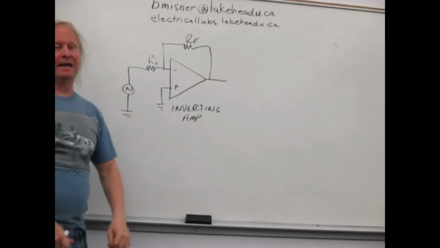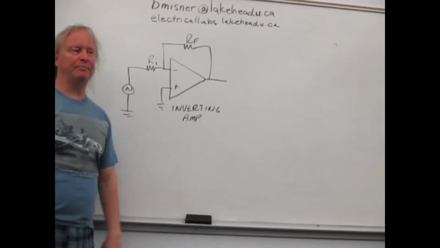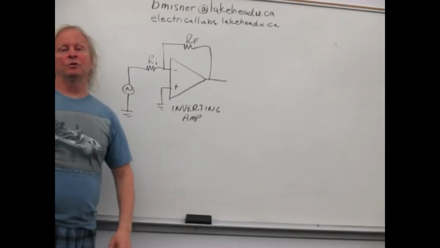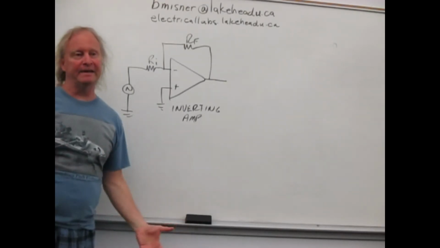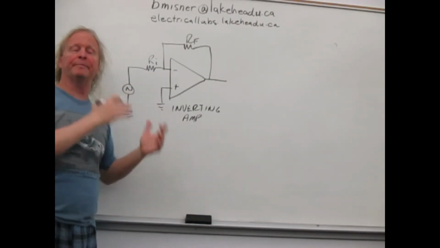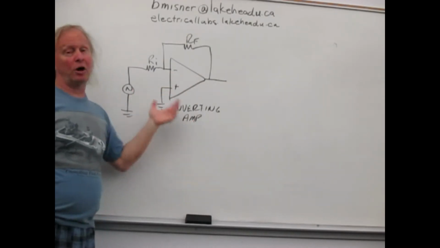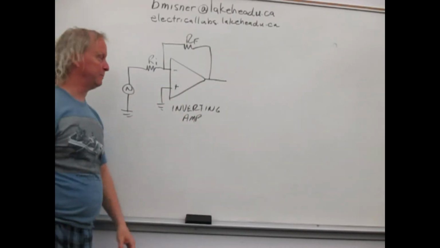Okay, and the other thing we want to do when we design amplifiers is control the gain of the amplifier. Like, how much bigger are we going to make the output compared to the input? And with these operational amplifiers, it's really simple.